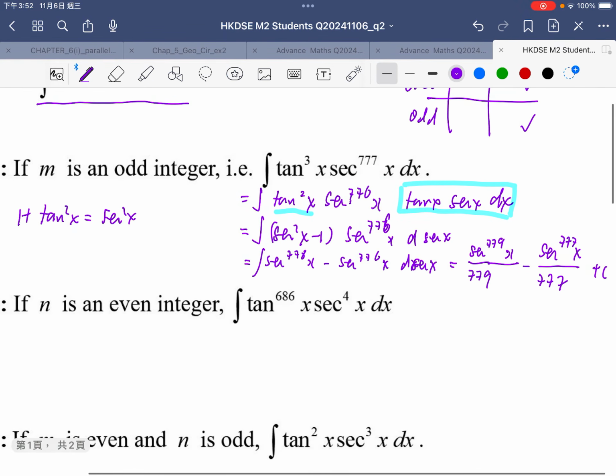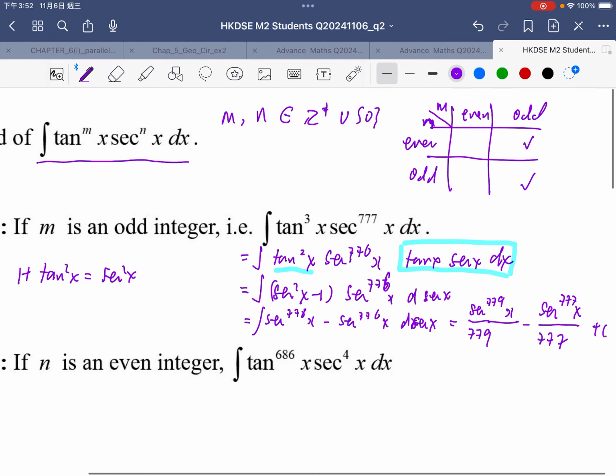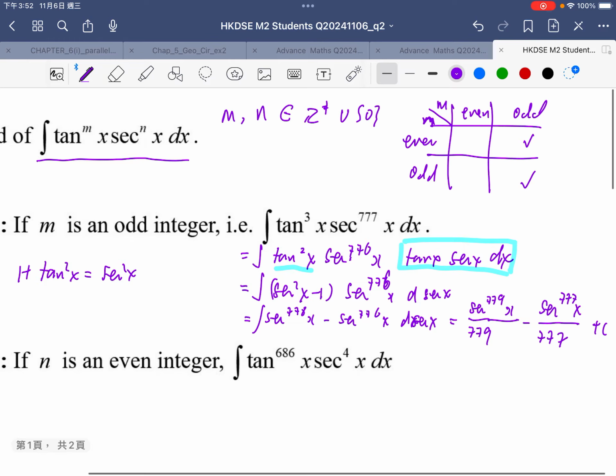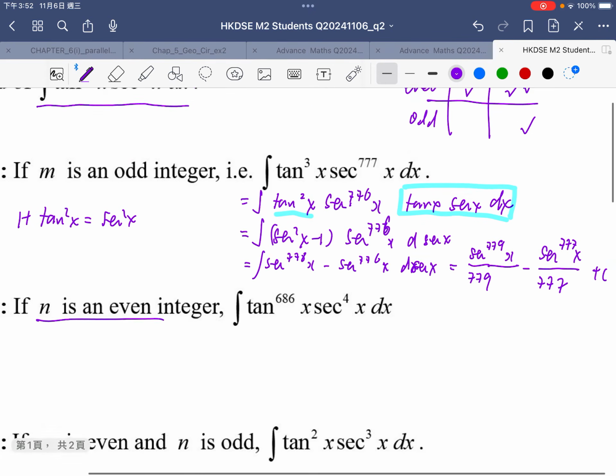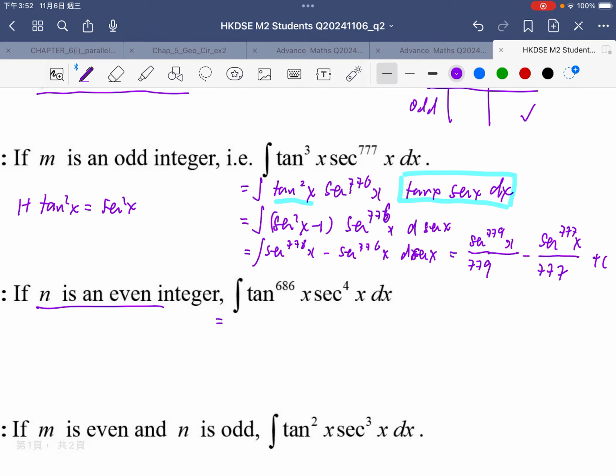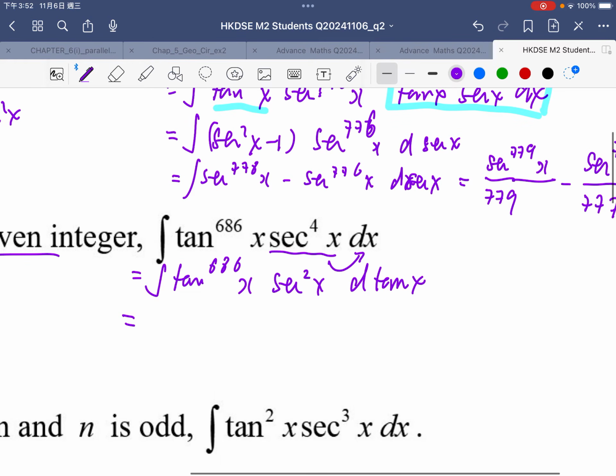If n is even, here n is even also, these two, we can give secant square x dx, and then a secant square x d tangent, and also change the secant to 1 plus tangent square.